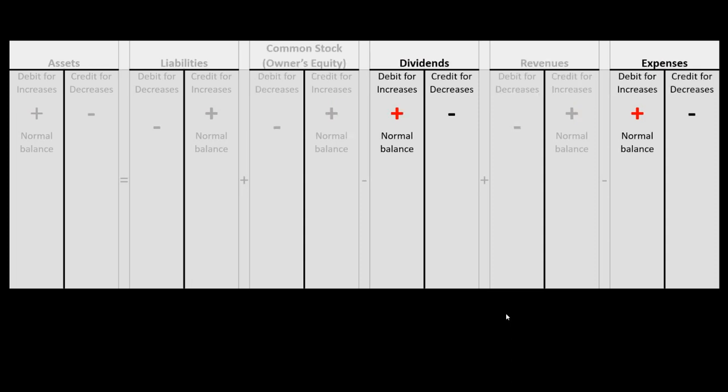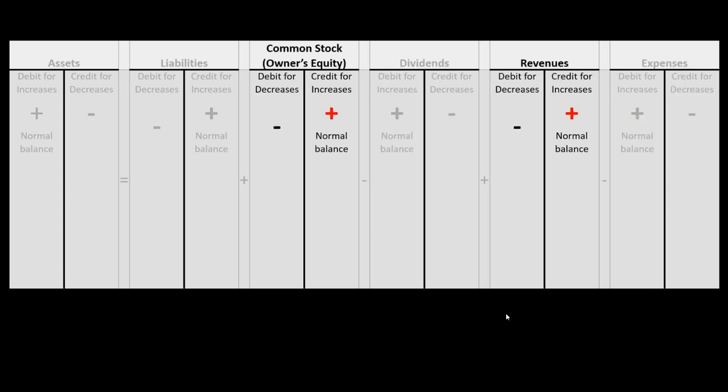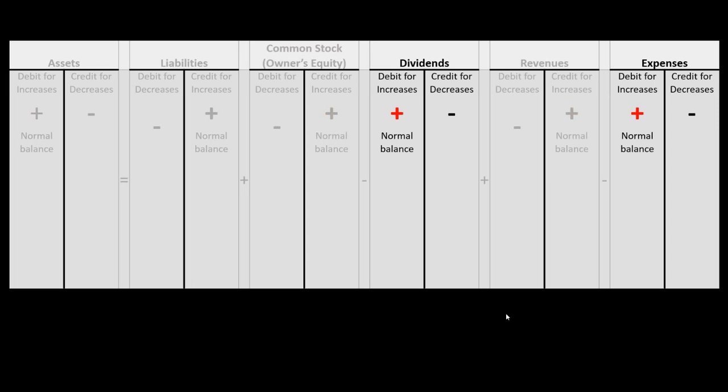On the other hand, my dividends and expenses, which actually decrease overall equity, will increase with debits. They have normal debit or left side balances, and a credit to an expense or dividend account would decrease it. So again, equity overall is increased with credits. So the two items that increase equity increase with credits. But a debit decreases overall equity. So the two items, dividends and expenses, that decrease equity are increased with debits.